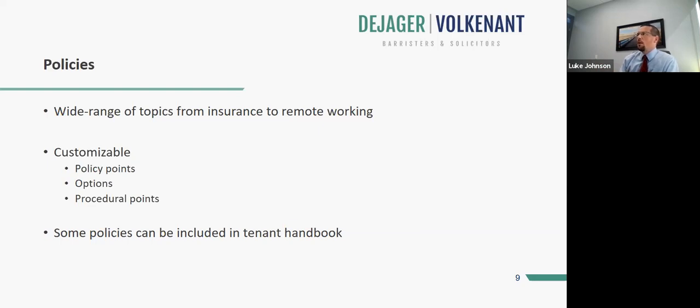So you may have additional policies that are unique to your situation. You have a swimming pool, and so you need to have a policy about access to the swimming pool, or children using it, or guests, or whatever it is. So there's certainly room for you to craft your own policy handbook that also deals with external or additional policies that are relevant.